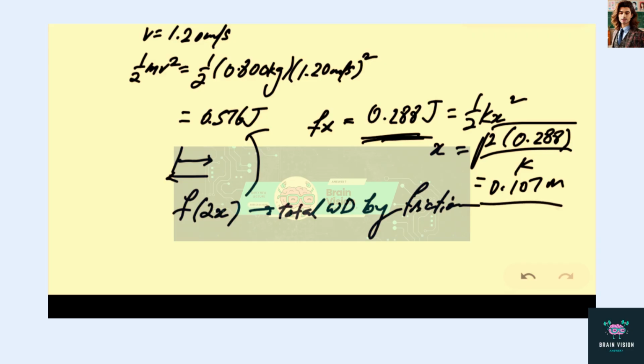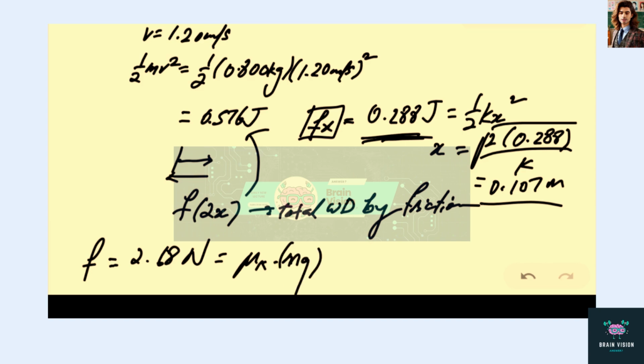With this, we can find what is our frictional force, F. The frictional force would be just 0.288 divided by this answer, which is about 2.68 newtons. And this frictional force is given as mu k times the normal force. And the normal force is dependent on the weight of our block.